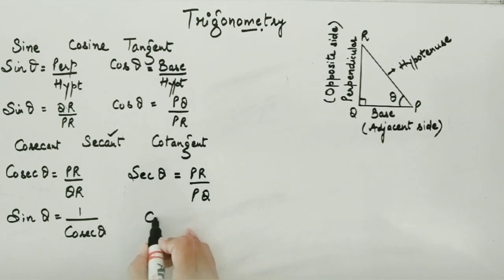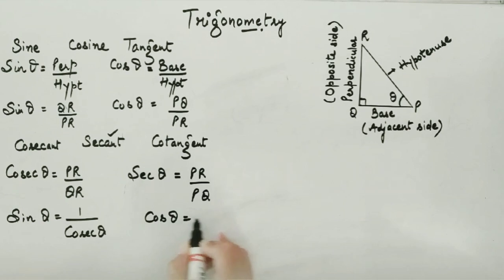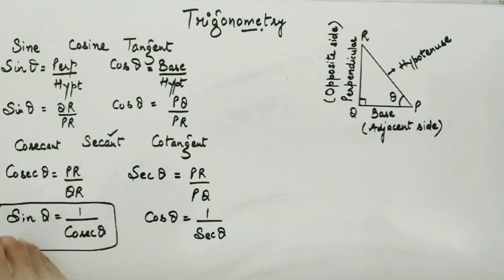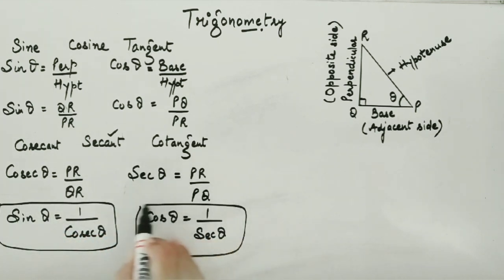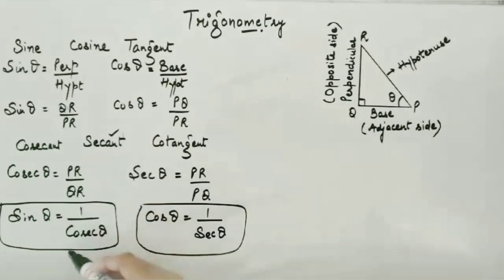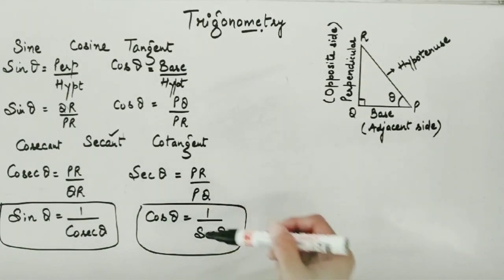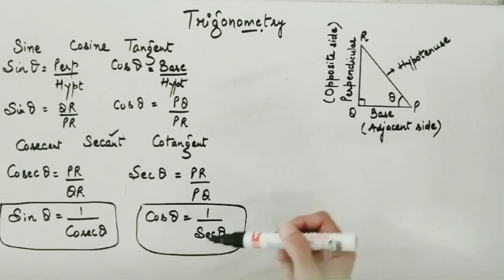The reason? Because cos theta and secant theta are reciprocals of each other. These are important results. Sine and cosecant are reciprocals of each other. Cos and sec are reciprocals.